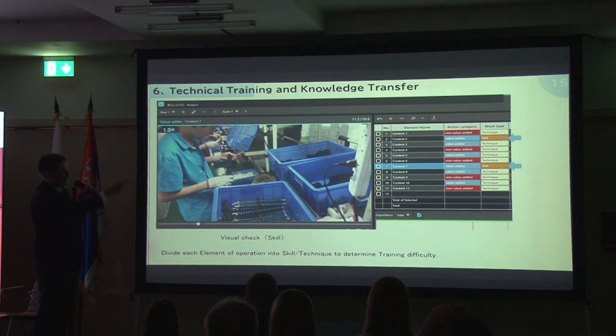So you can distinguish an operator's elements between, is it a technique or is it a skill? And the techniques are easy to transfer, create work instructions for, but the skill is more dependent on the worker. So you can say if you have 11 elements and 9 of them are technique, then this one process should be fairly easy to turn into a work instruction and transfer the skills to another employee.